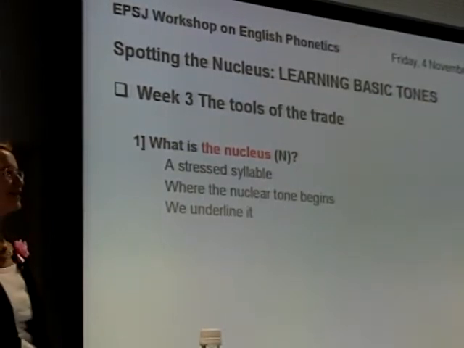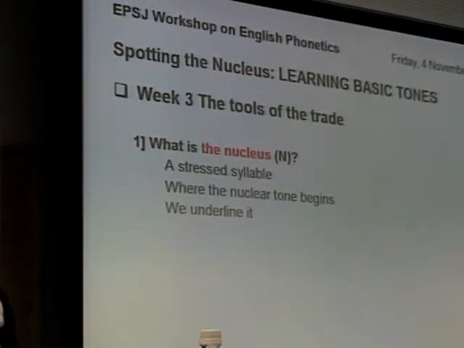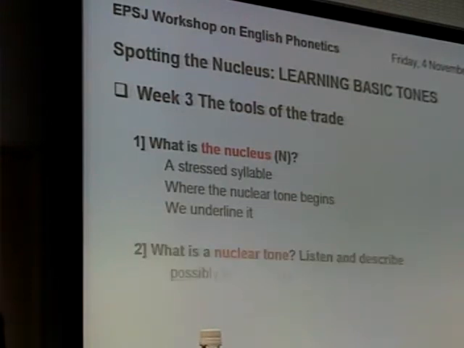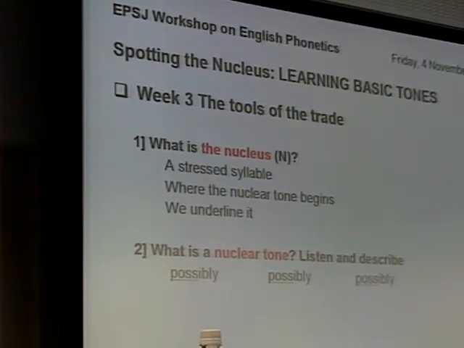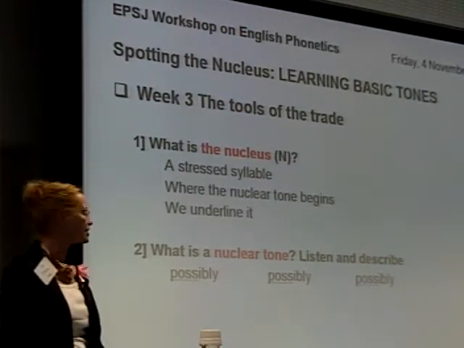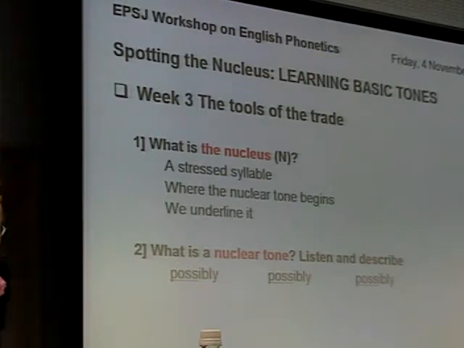You've already heard about underlining nuclei this morning. So the next question then is, what is a nuclear tone? And you can see here that there must be at least 3 stressed syllables, because there's 3 lots of underlining.